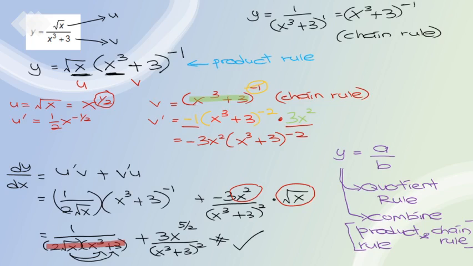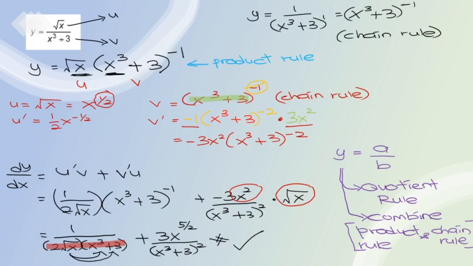So first you can use naikkan, and then you kena jadikan dia UV. Okay, let's say kita tak nak guna quotient, kita guna product. So naikkan dulu, and then using product rules.